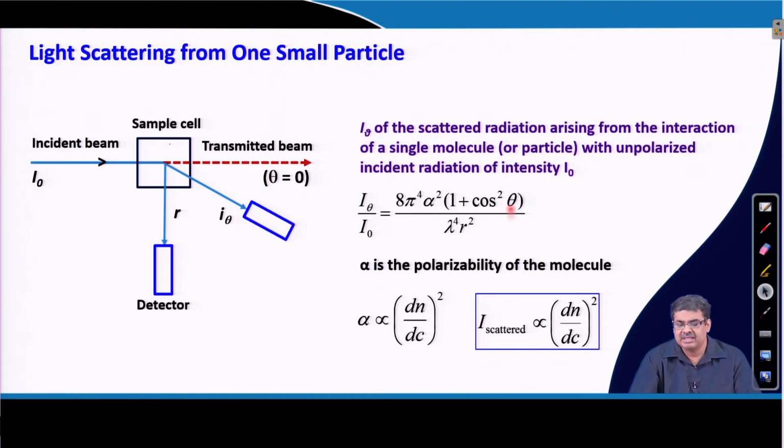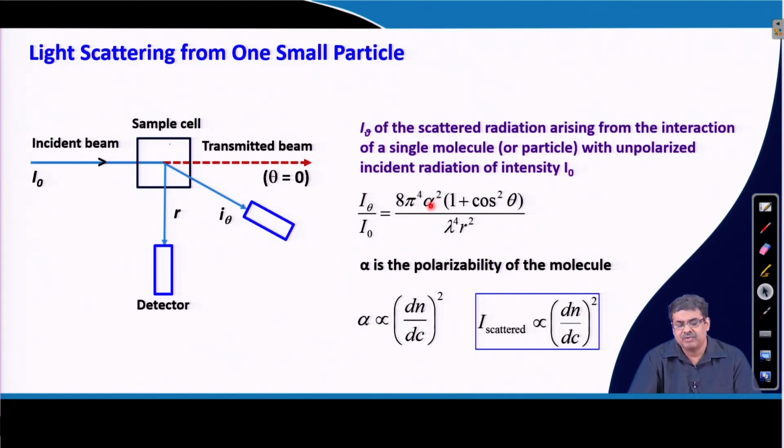This expression is for the scattered radiation arising from the interaction of a single molecule or particle with an unpolarized incident beam having intensity I 0.